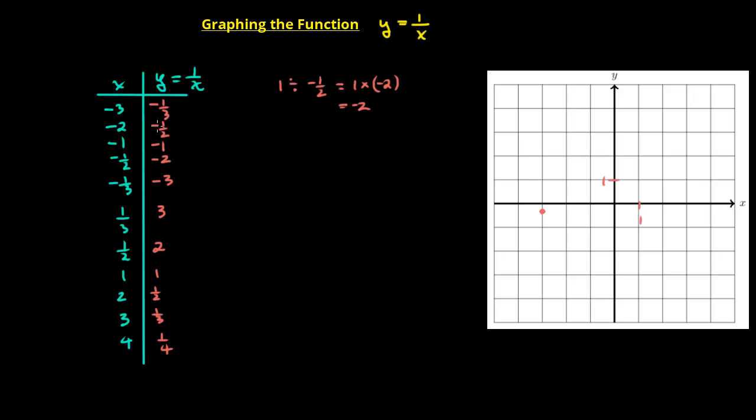We've got another coordinate at -2, -1/2, which is about here. Then we have -1, -1, which is here, and -1/2, -2, which is right here, and -1/3, -3.